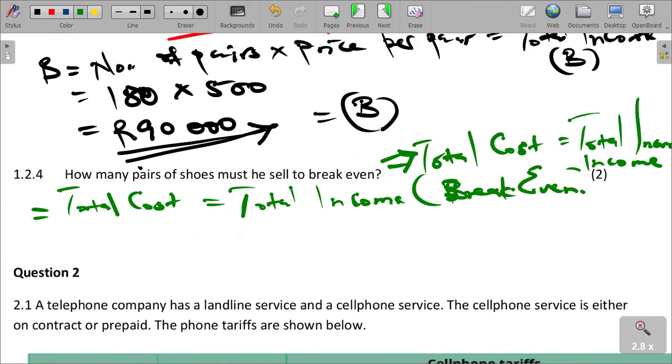So now our break even, we are saying how many pairs must he sell. We can see that where the total cost is equal to total income, I calculated that, which can give us that that is obtained when he sells 100 pairs.